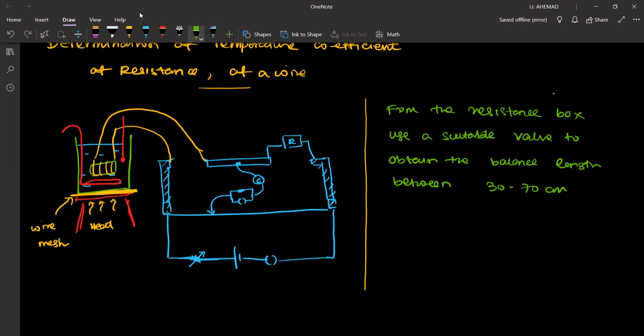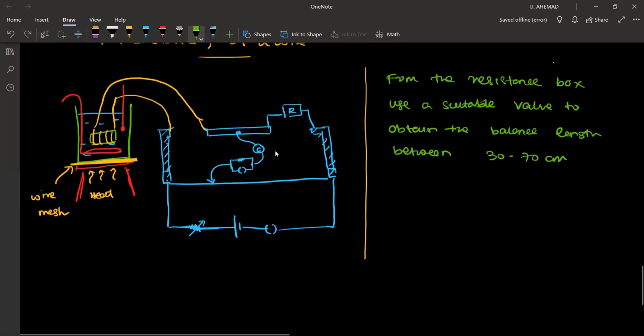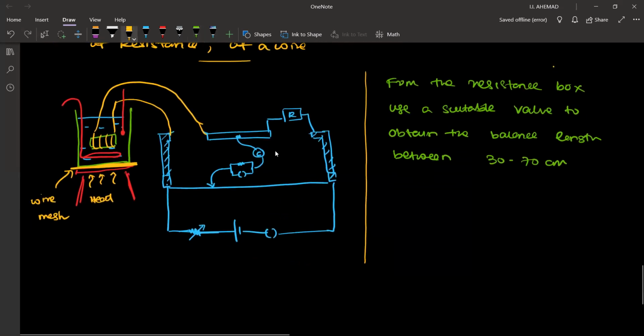So we're going to keep the balance length between 30 and 70 centimeters. So R theta over R, let's say this is RB. RB is equal to (100 minus L) over L.